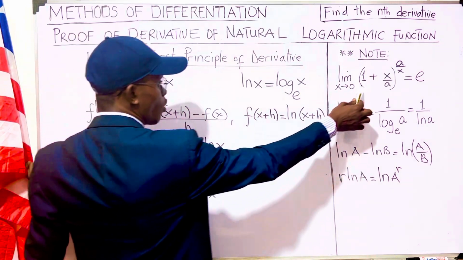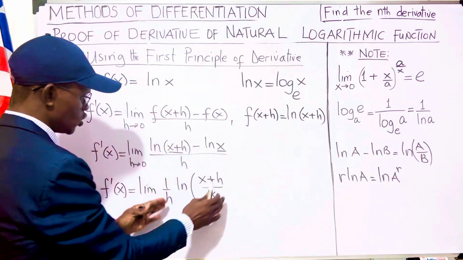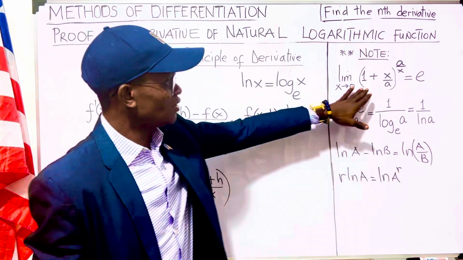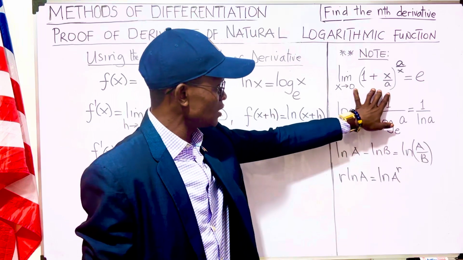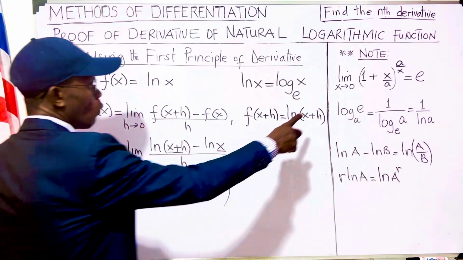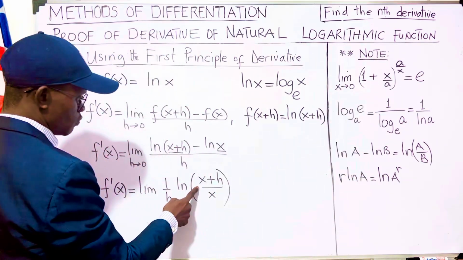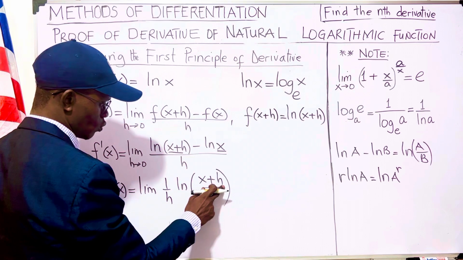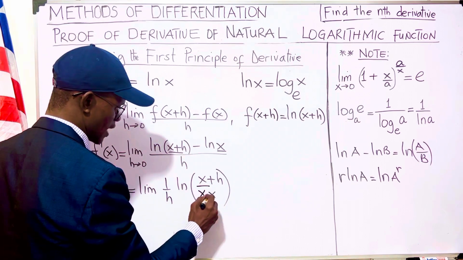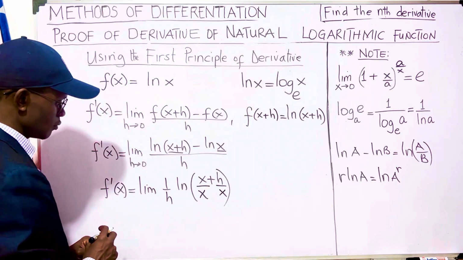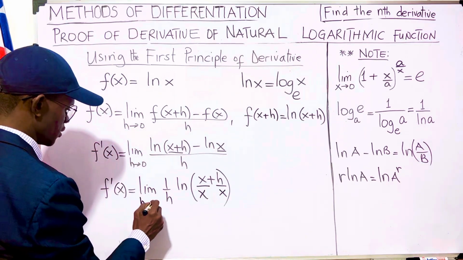All of what we're doing here is aiming at deriving this standard limit, so that we replace it with e. Because we need 1 in the first term, we can rewrite x plus h over x as x over x plus h over x, as h is approaching 0.